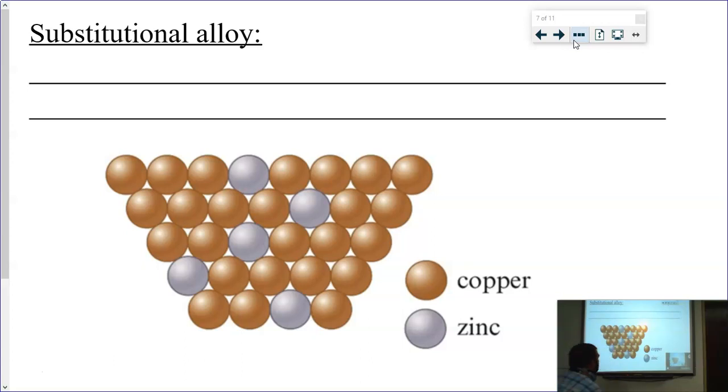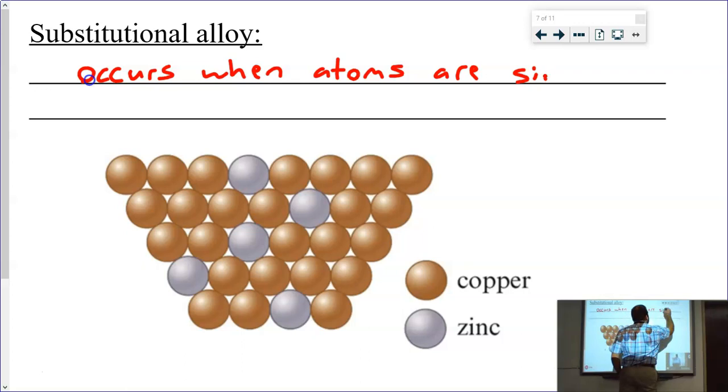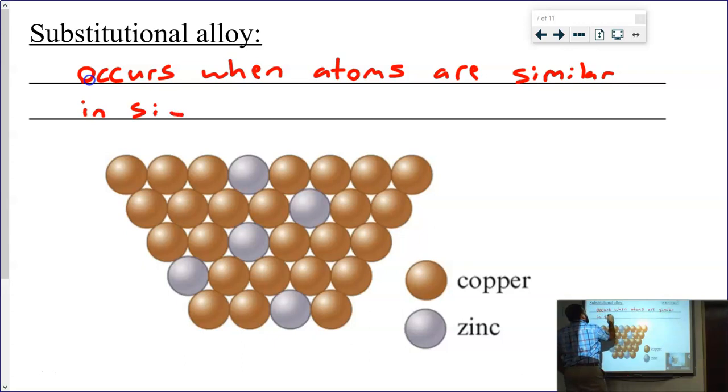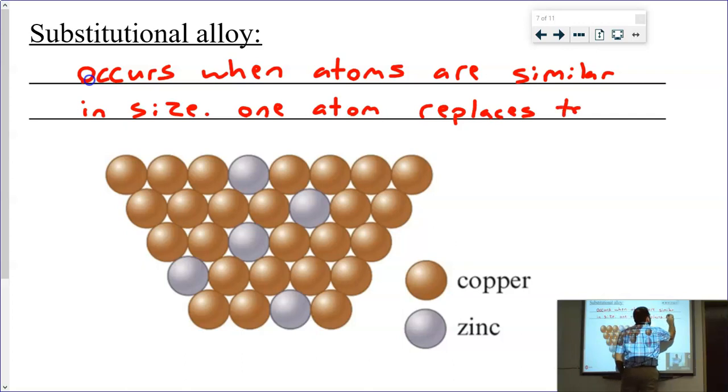This happens when atoms are similar in size. In other words, one atom replaces or substitutes the other.